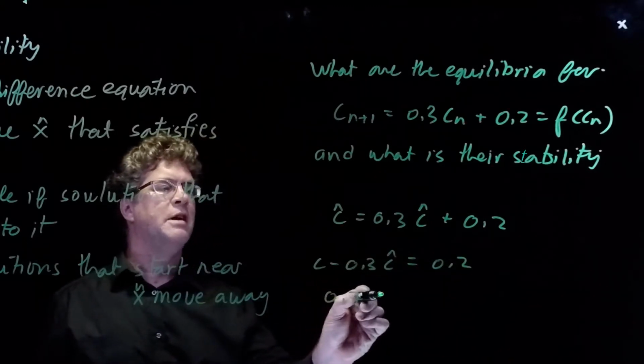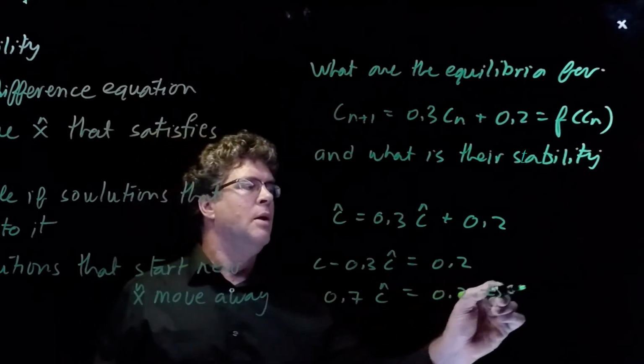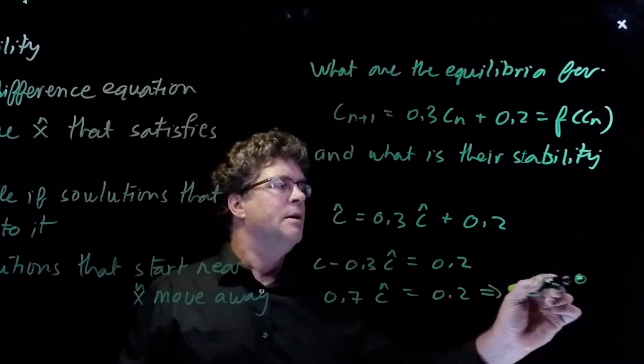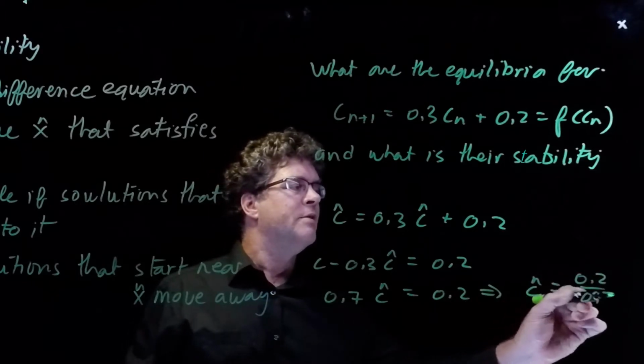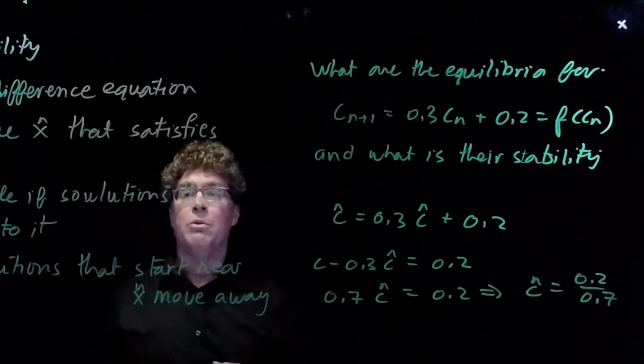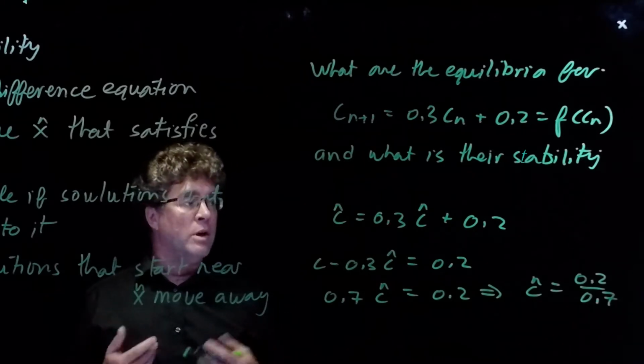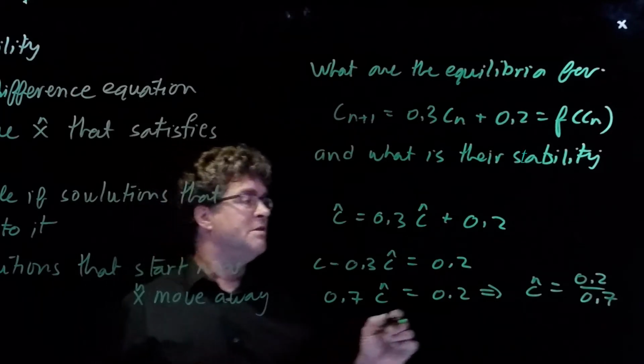So 0.7 C hat is equal to 0.2. And C hat is 0.2 over 0.7. This is exactly the value that we found that C went to as n went to infinity, 2/7.